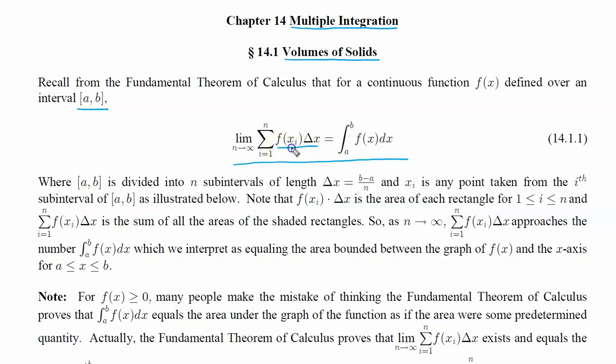Now remember, these represent area of rectangles, as we'll see in the graphic down below. The xi is chosen from the ith subinterval, and the delta x represents the width of each subinterval.